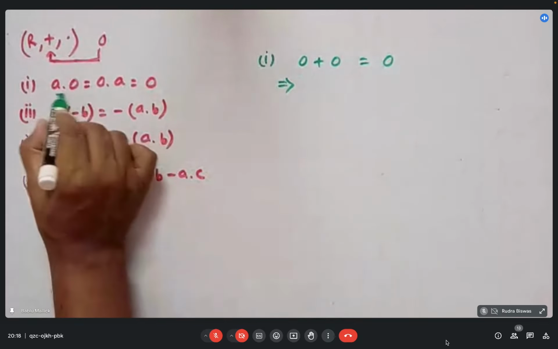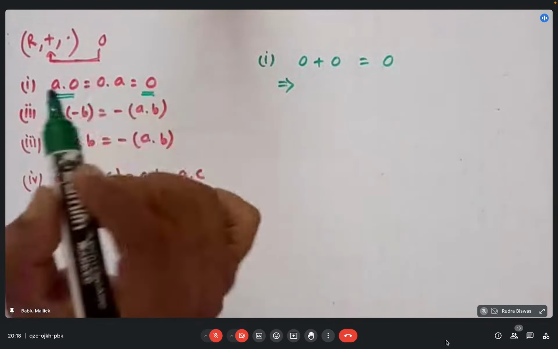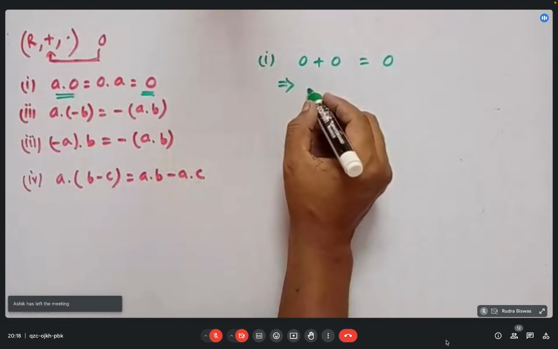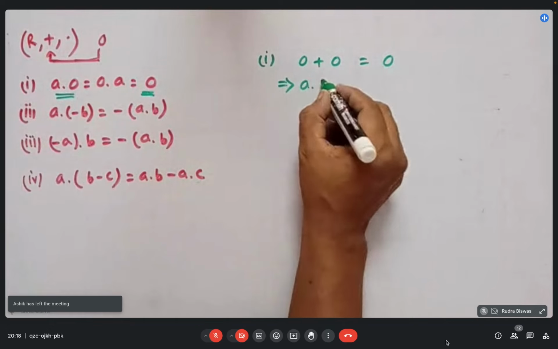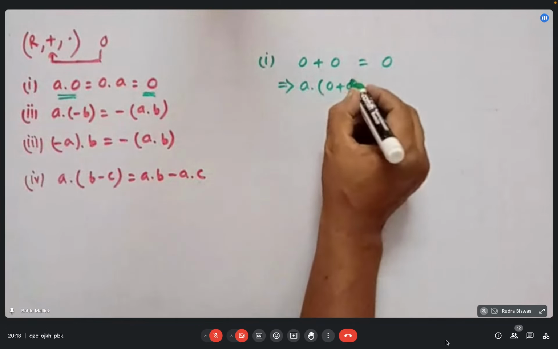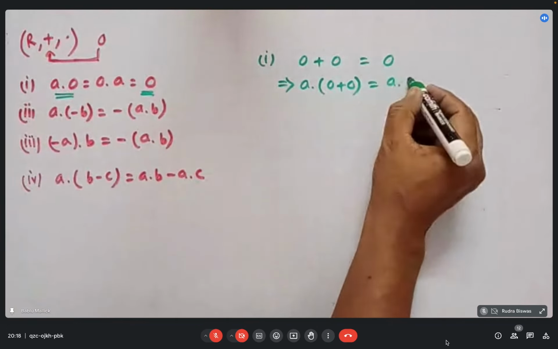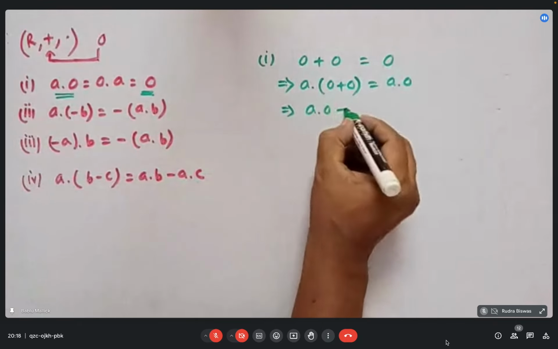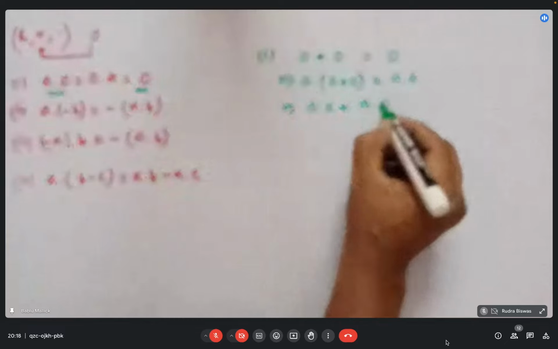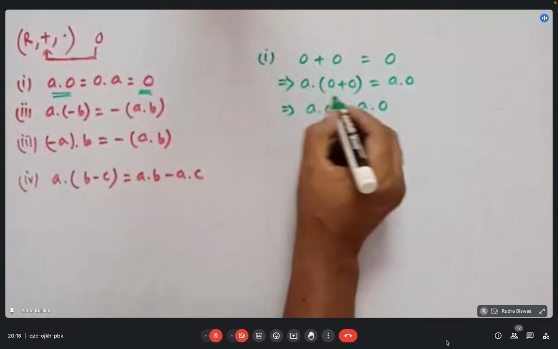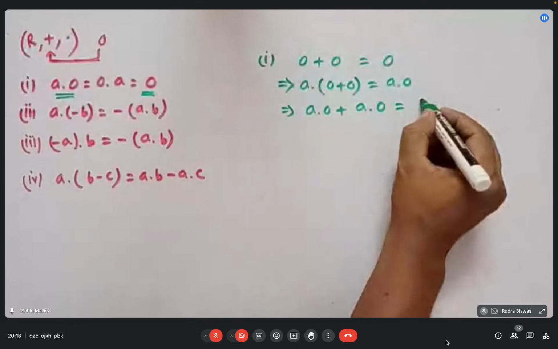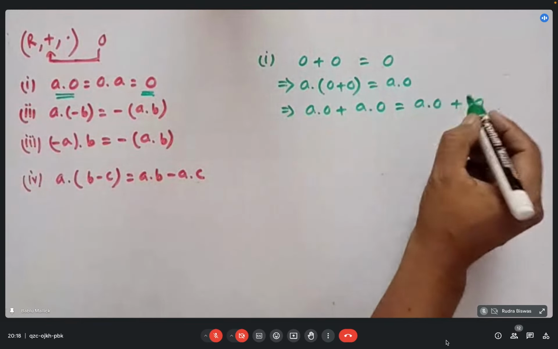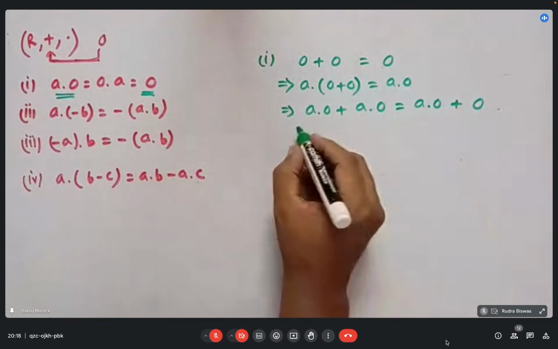I shall prove this thing, a into 0 is equal to 0. So we shall multiply both sides by a. So a into (0 plus 0) is equal to a into 0, that is a into 0 plus a into 0. This is by distributive law. In ring it is possible, and I can write a into 0 plus 0.